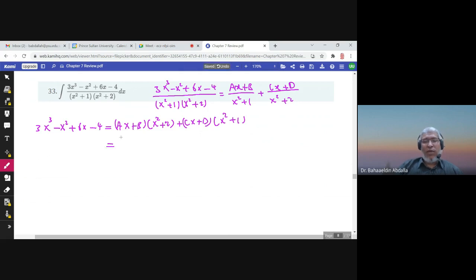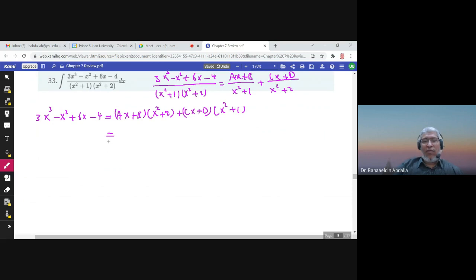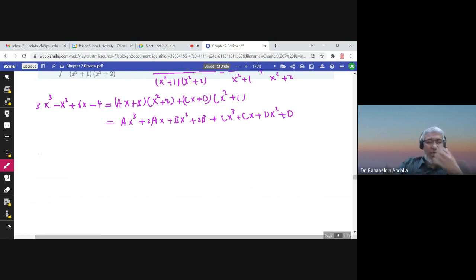And now, expanding, I'll have ax times x squared, that's ax cubed, then 2ax, then bx squared, then 2b, then cx cubed, then cx, then dx squared plus d. And now equating the coefficients.